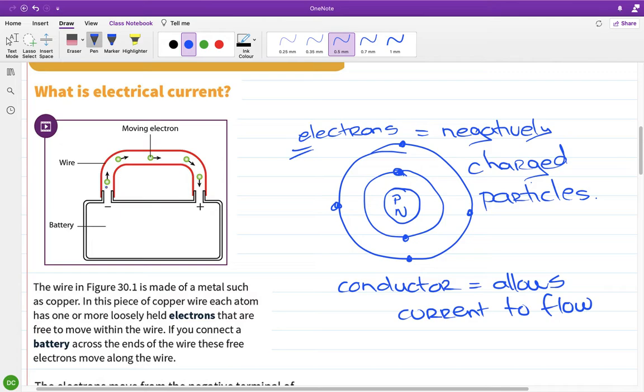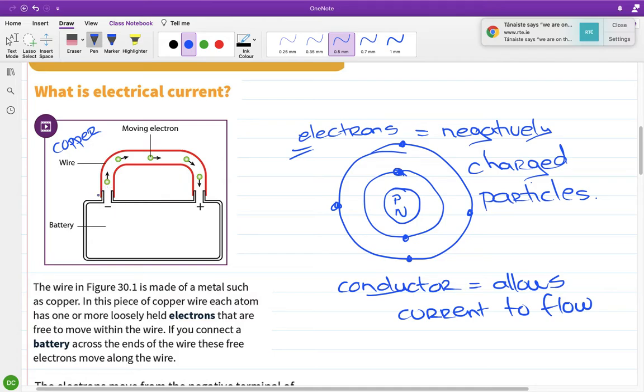Okay, so here is a blown up version of a wire. Let's say this wire is copper or something that's really conducting, something that's good at letting electricity pass through it. It would have a load of electrons, and they're called free electrons because they're not in bonds, they're just kind of floating around in the wire.